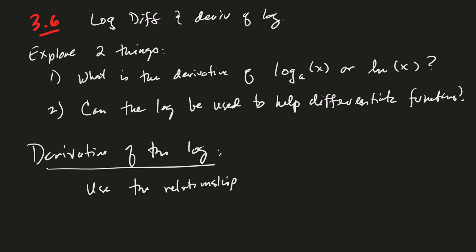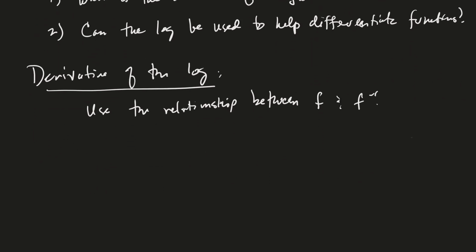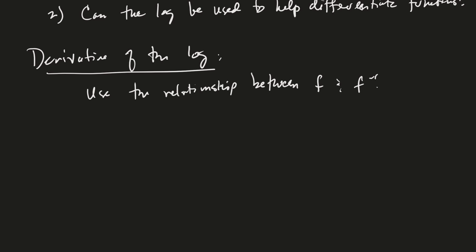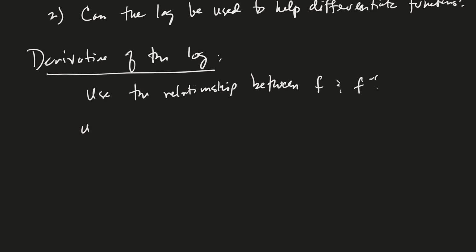The idea behind finding the derivative of the log is to use the relationship that we were talking about with the inverse trig functions between a function and its inverse. We'll start like we did with the inverse sine and inverse cosine, and say, suppose I have y equals log base a of x.